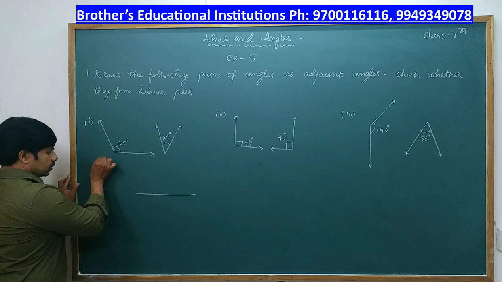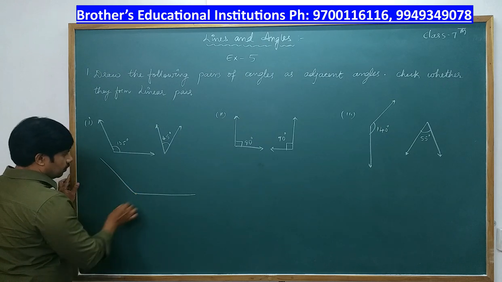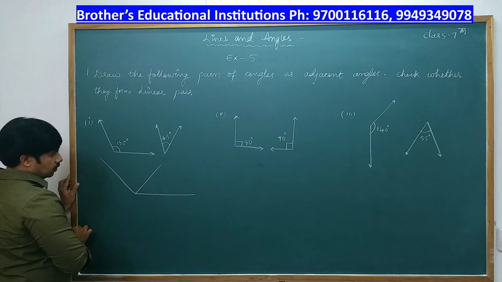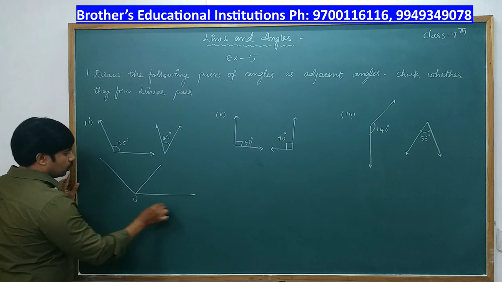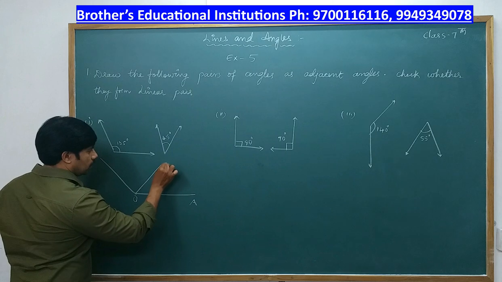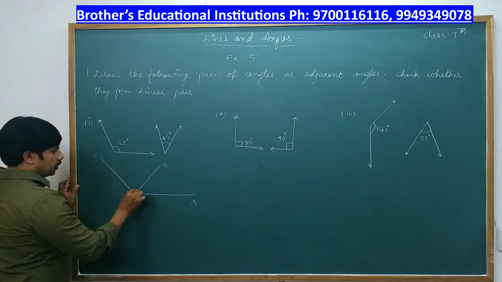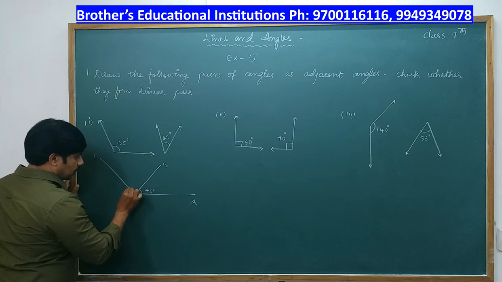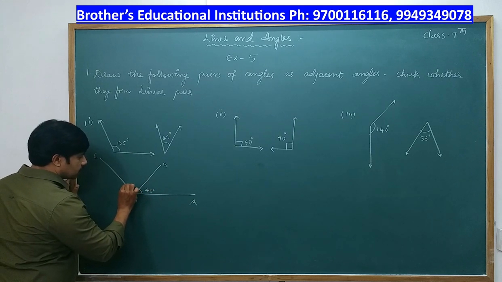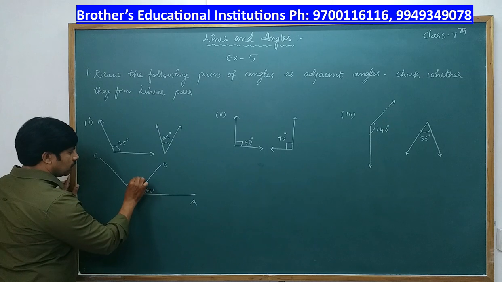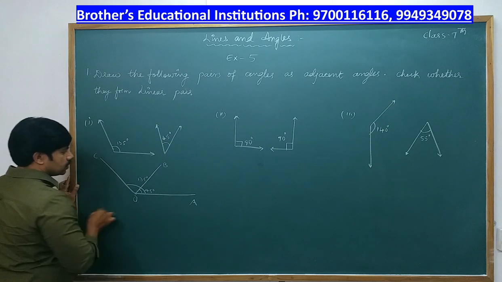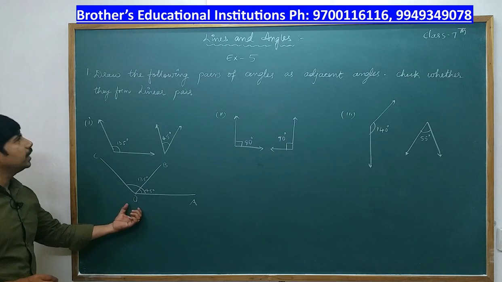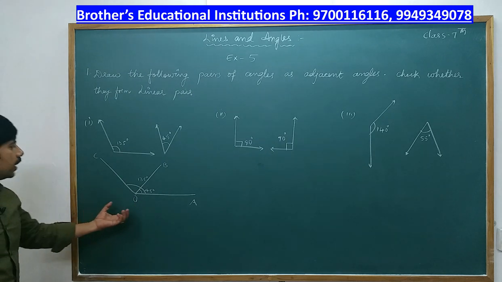We can draw like this. This is O, A, B, C. Now say this is 45 degrees, and this one will be 135 degrees.